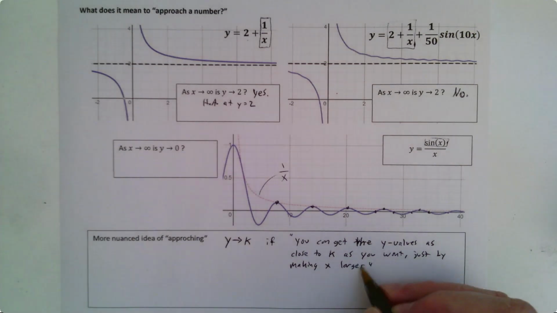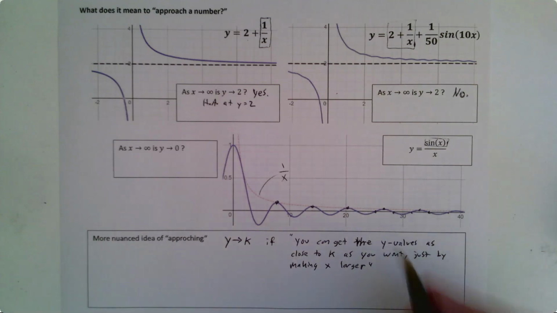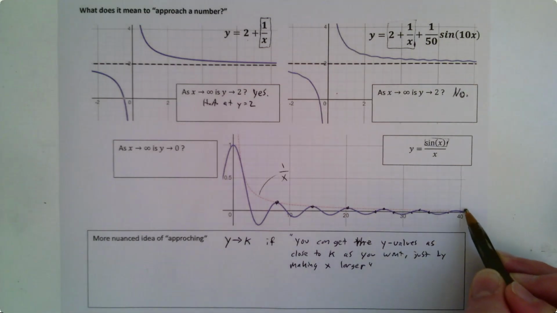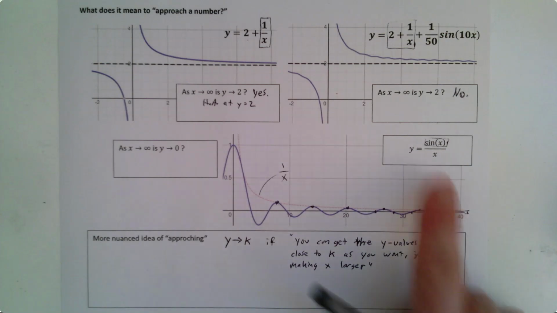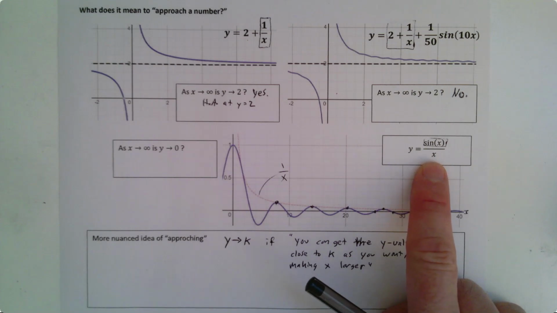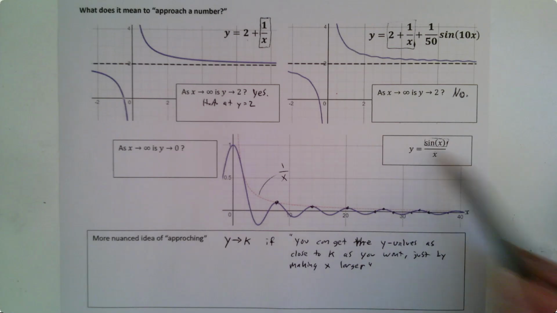So let's think about that idea as applied to this graph. Okay, so what if I want all of the y values of our function to be within 1/1000th of 0? I can make that happen just by making x large enough. So I could make that happen just by making sure x is larger than 1,000.